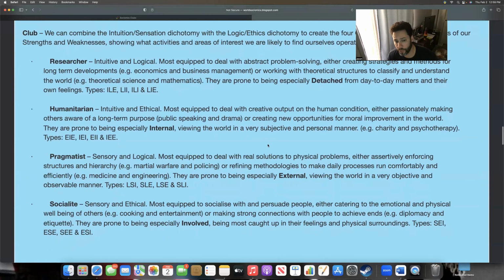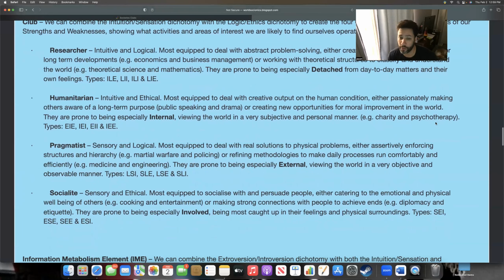So here, viewing the world: subjective, personal, charity, psychotherapy. Now, don't get it wrong. Some of these types might be like EIEs, maybe politicians, presidents, people like that. So they can go into pragmatic things, but what you notice they're very good at is being very charismatic, getting along well with people, creating a good vision of harmony, of purpose, of what is good for humanity in a moral, ethical sense.